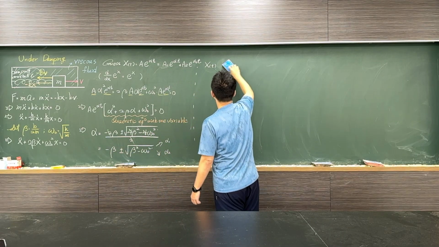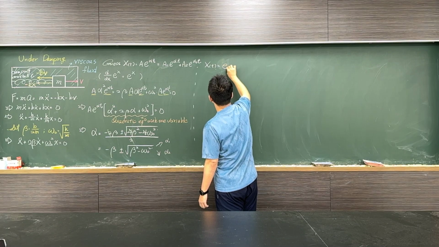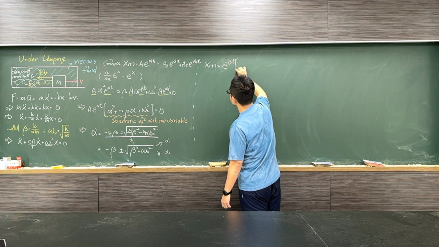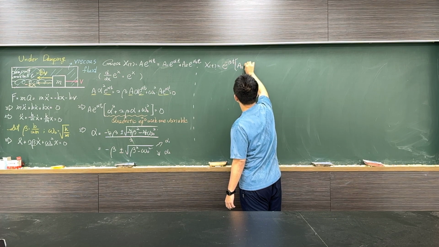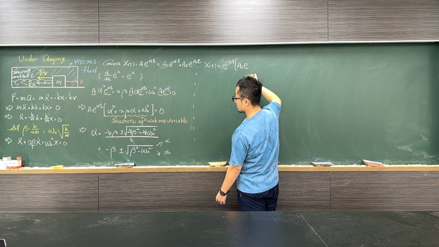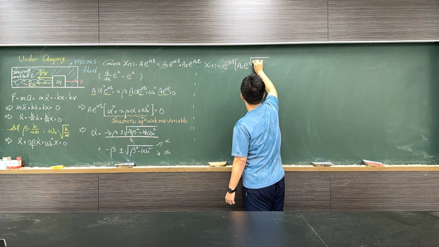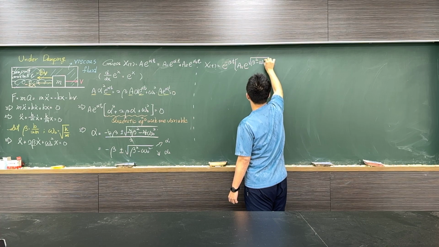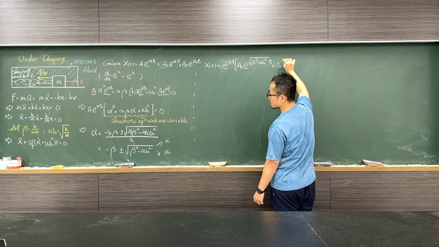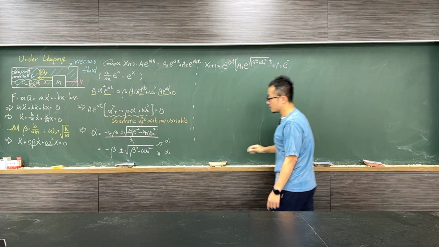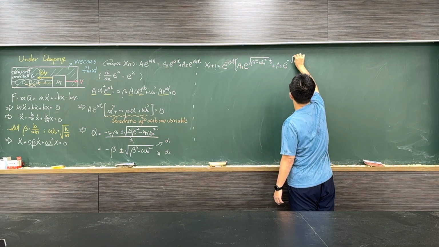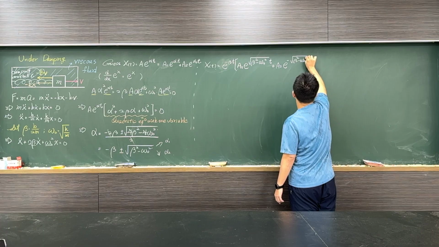So I'll just take out e to the minus beta t, times a1 times e to the square root of beta squared minus omega naught squared times t, plus a2 times e to the minus, because alpha 2 is minus beta minus the square root term, the square root of beta squared minus omega naught squared times t.